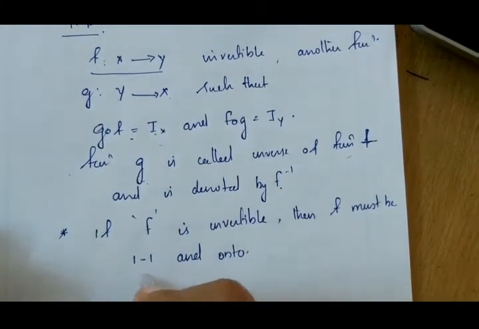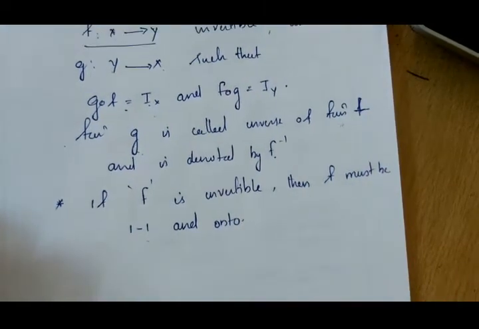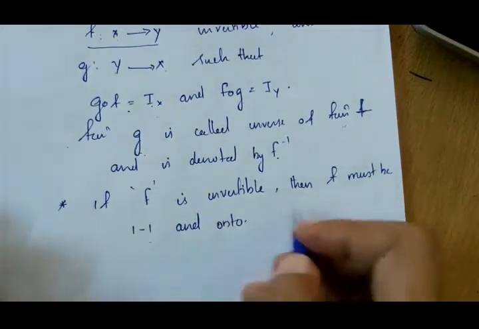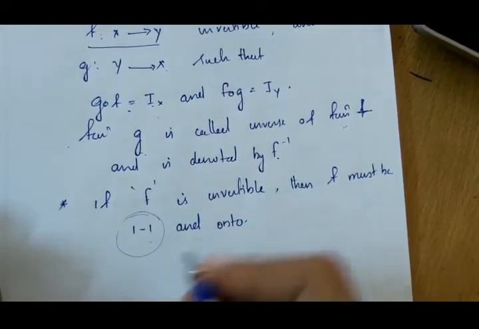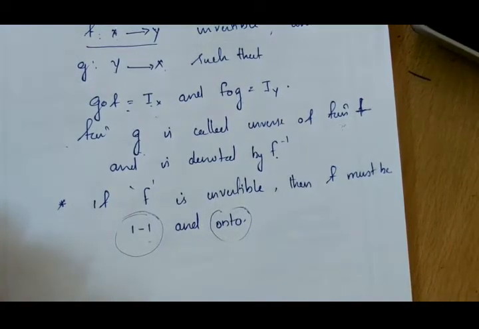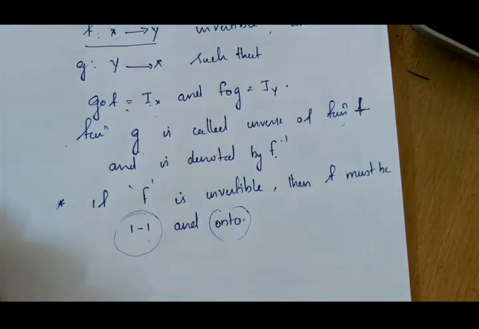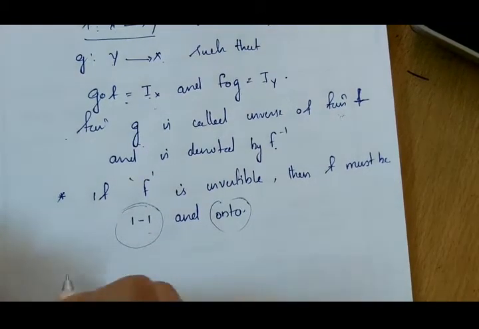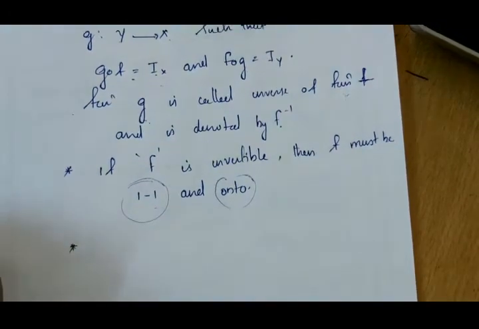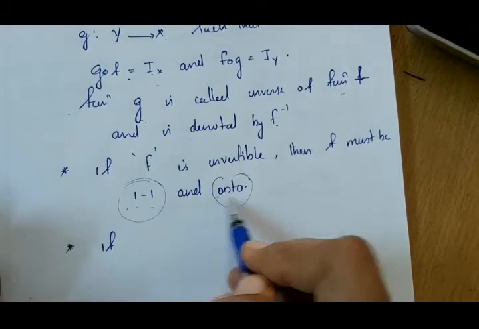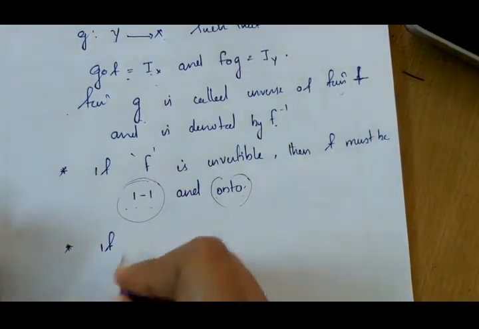We know what is 1 to 1 and onto. 1 to 1 means different x values have different y values. Onto means all the codomain values should exist in the range. We will discuss what is 1 to 1 and onto in the next example.